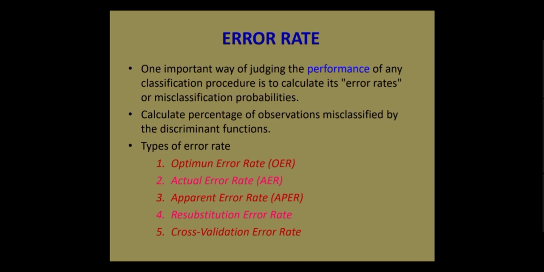We have 5 error rates: optimum error rate, actual error rate, apparent error rate APER, resubstitution error rate, and cross validation error rate. But usually we will use the 3 error rates that we usually apply, which are the third, fourth and fifth.